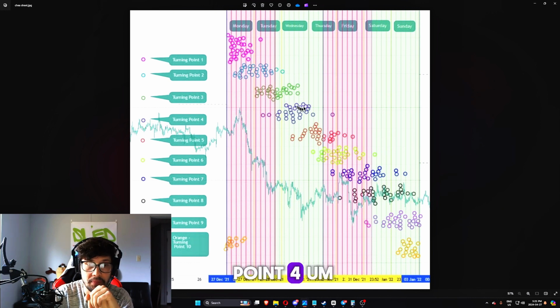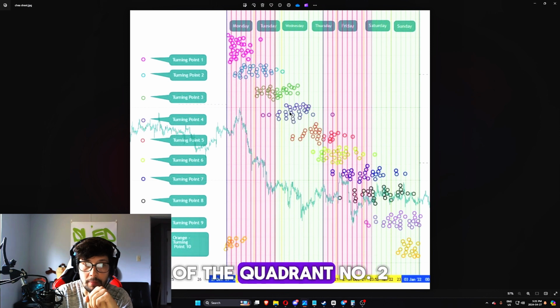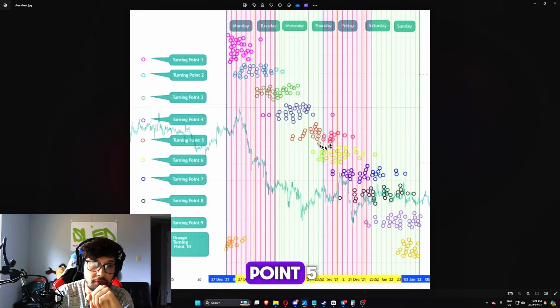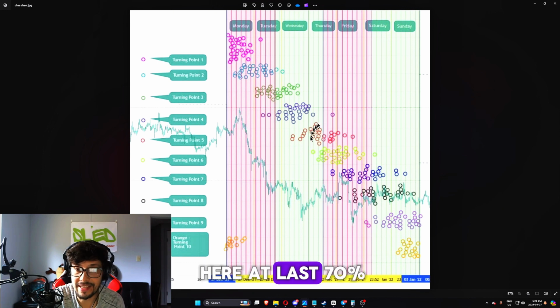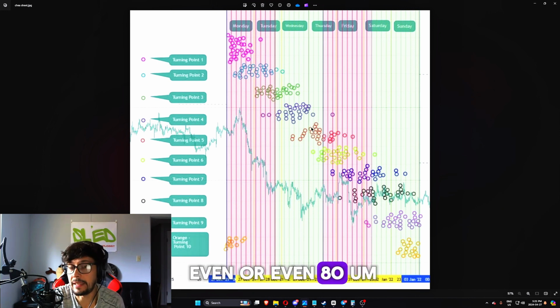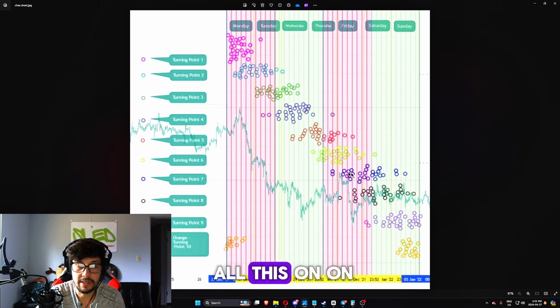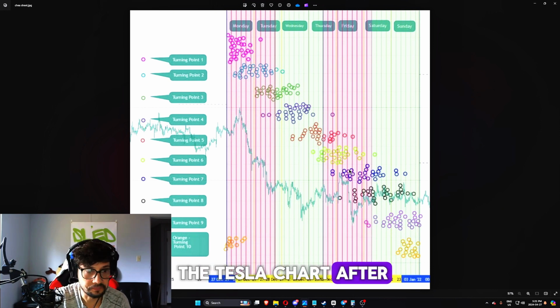Turning point 4 comes in most of the time in the first 40% of quadrant number 2. It's followed by turning point 5, which falls into the last 60%, or even the last 70% or 80%. I will show you all this on the Tesseract chart after.